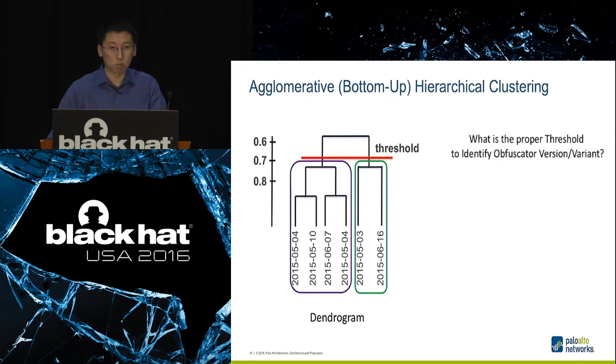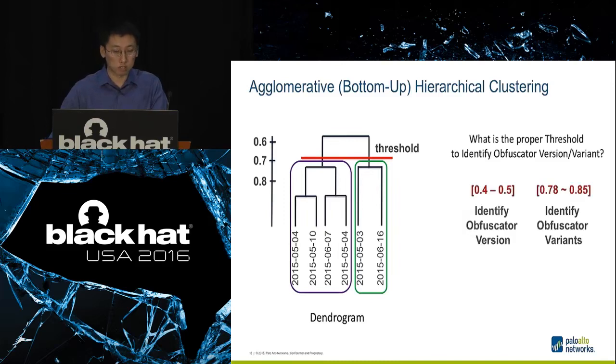We pre-select 50 pairs of samples and mark whether they come from the same obfuscator version or variant. Then we run our algorithm on all of the samples we have collected, including those marked ones. We build a dendrogram. Then we adjust the threshold to find the best place that clusters the marked samples into the correct clusters.